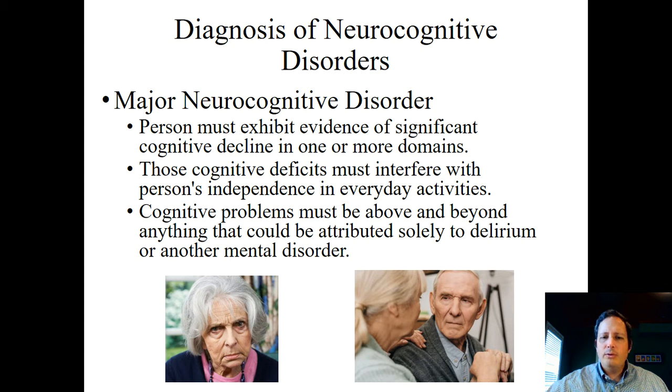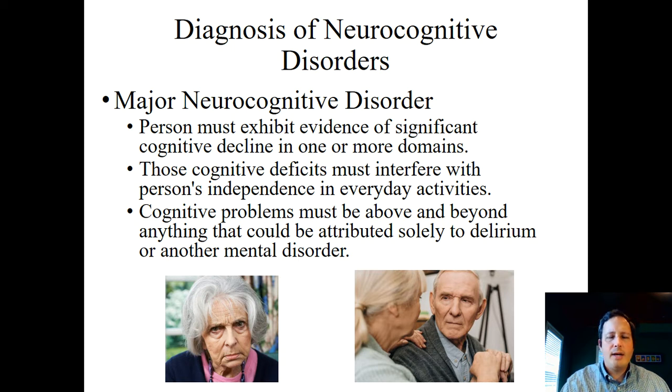Now we're going to look at specifically both major and mild neurocognitive disorders and some of the characteristics. These are going to be based on the DSM-5 symptomology. And so you can see with a major neurocognitive disorder, this is going to include dementia and other related forms of significant cognitive decline.